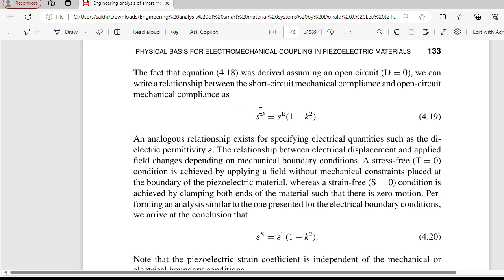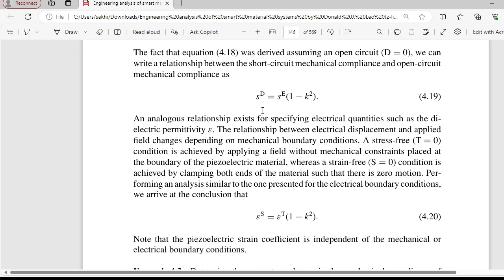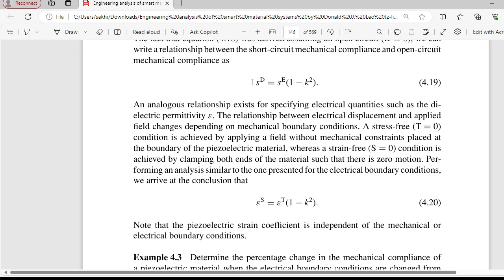This relationship is very important in piezoelectric materials. Later on we will see that there is another relationship which is very similar to this one. The difference is that epsilon is the dielectric permittivity, S is the zero stress condition, and T means zero strain condition.